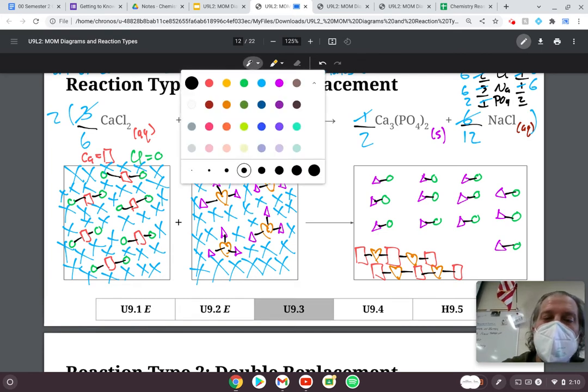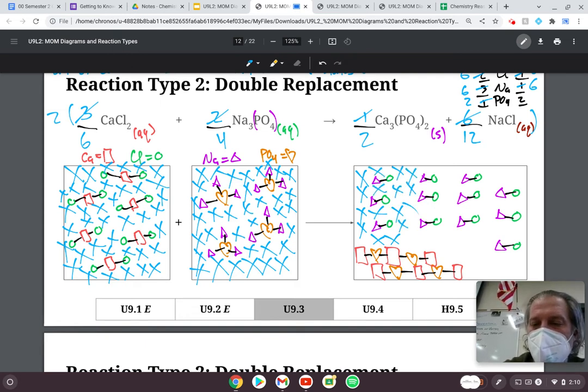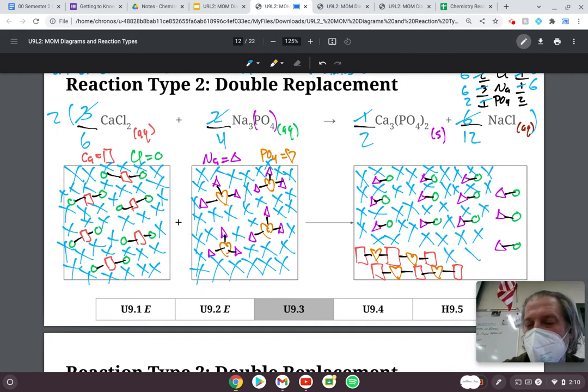And then I'm going to show that they are surrounded by water with a lot of X's. It is kind of important that we show that there is water in between the molecules, or not molecules, compounds. That's pretty important because that indicates that it's been dissolved.